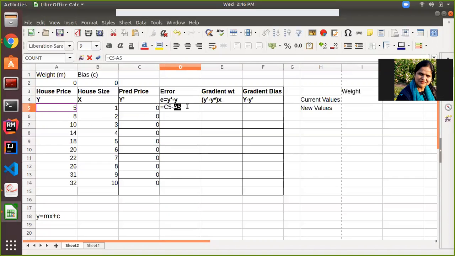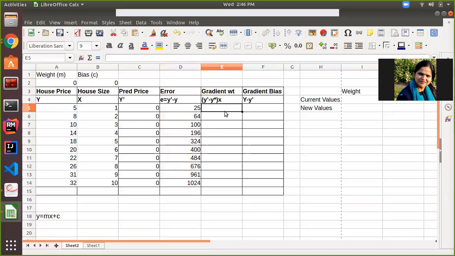Now since it will return the error in negative, in order to make it positive, I am squaring it so that I always get a positive error, never a negative error. So this is the error between the predicted house price and the given house price.